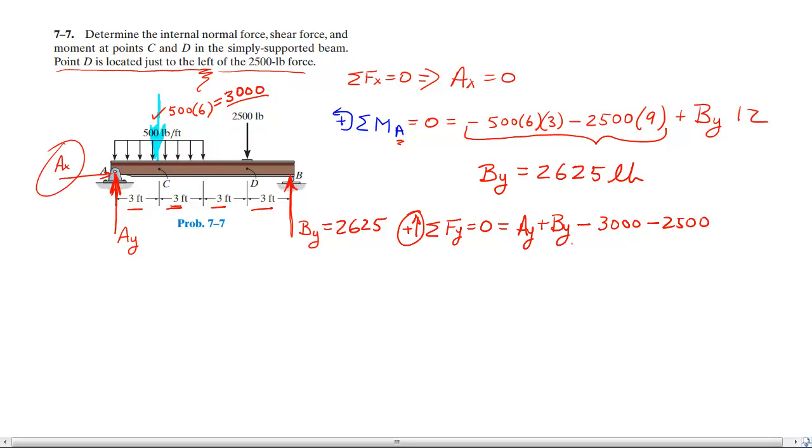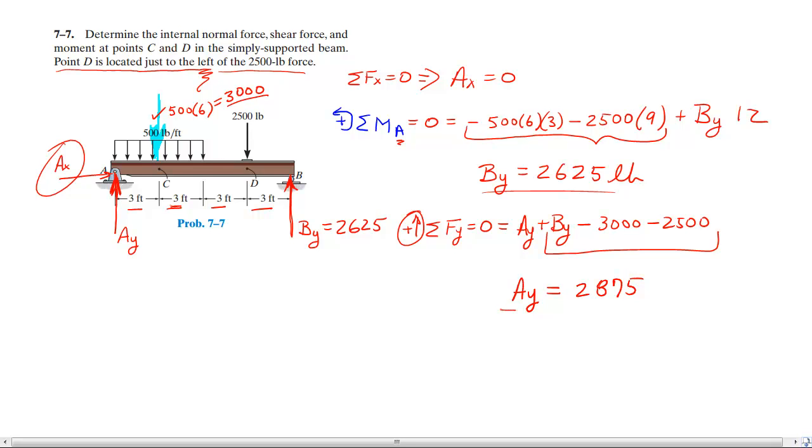You drag the BY and all this to the other side, and what you get is AY is equal to 2875.